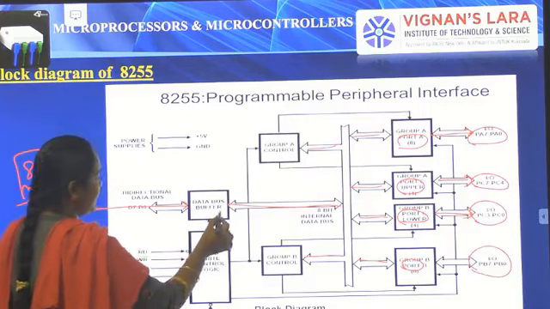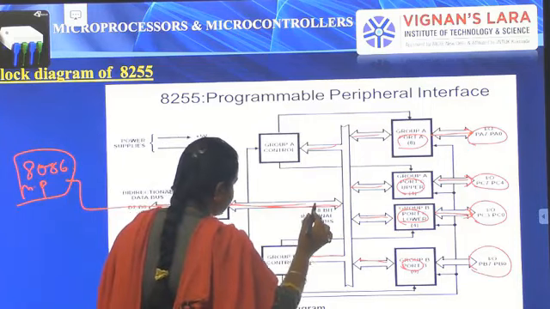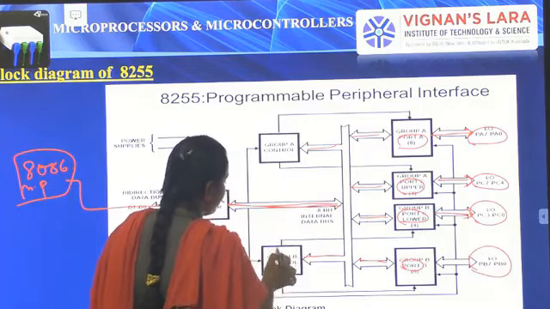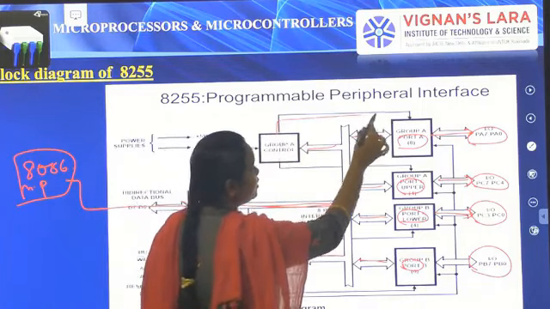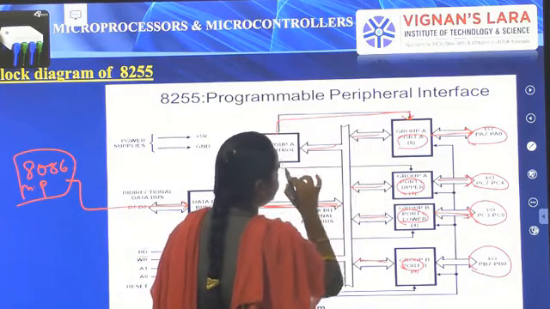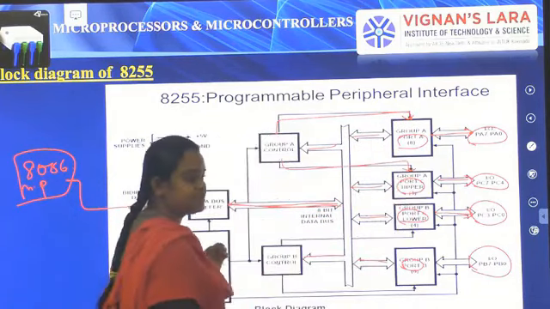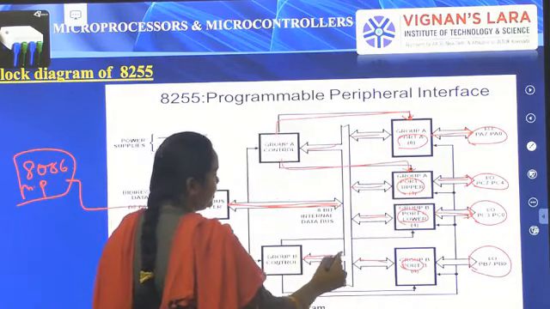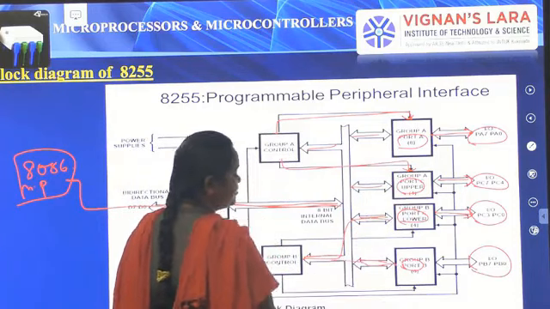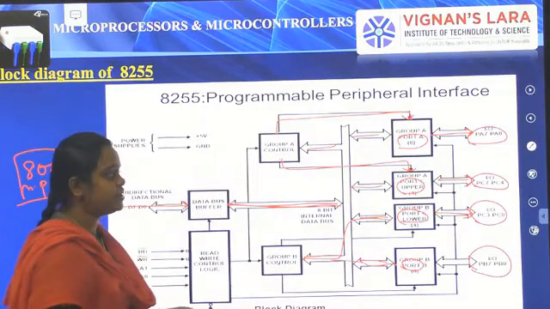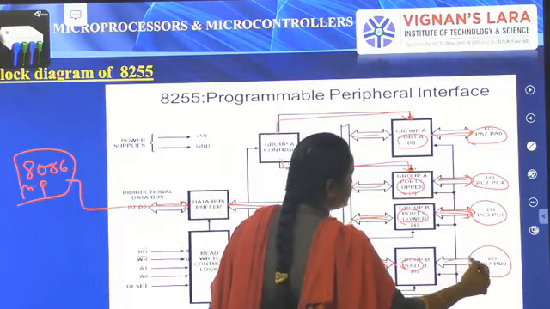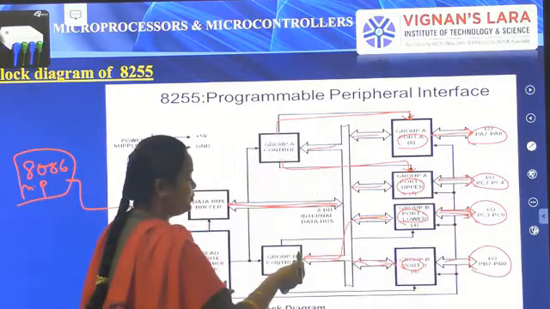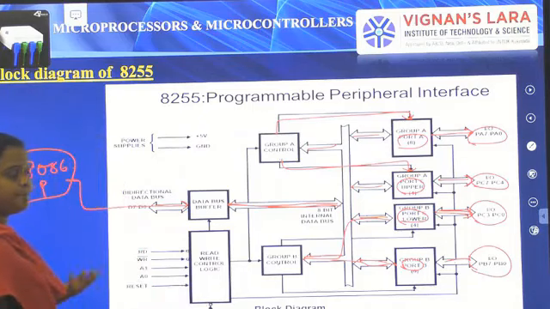The information is carried by the data buses to group A or group B. Group A sends the information to port A or port C upper, or group B, whatever program we are writing, and the information is sent to the input and output devices using these ports, port A and port B.